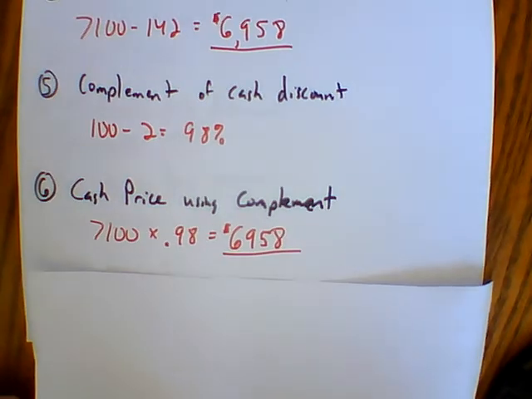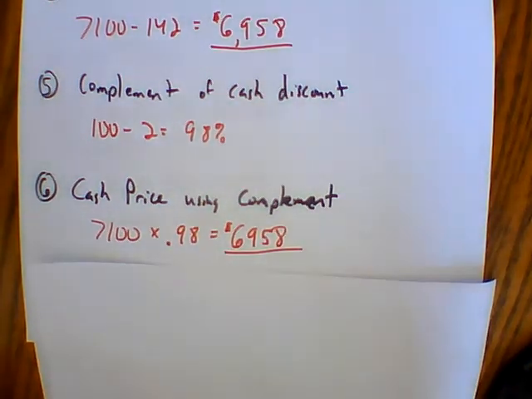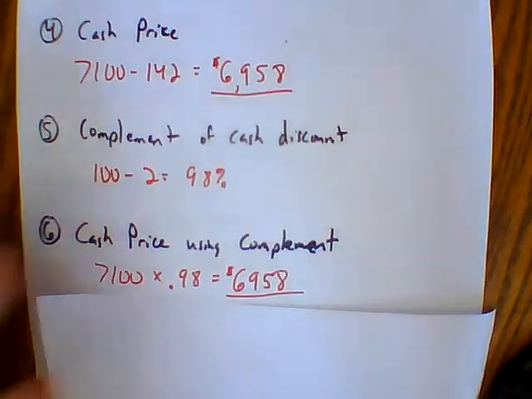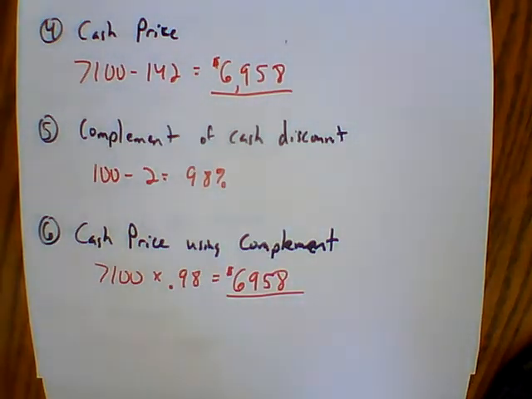Either way we do this, we come up with the same total amount. This is just showing you the different ways of finding the cash discount, or applying the complement property to easily find what's going on.